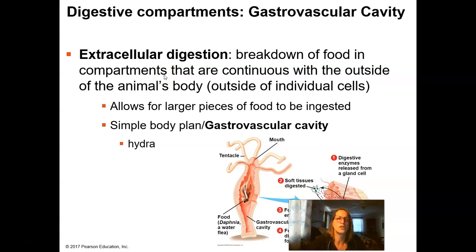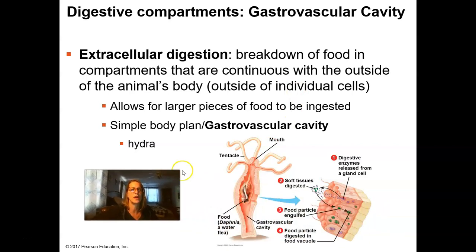Okay, so if we were to go to additional digestive compartments, we want to talk specifically about extracellular digestion. That last example with the sponges was intracellular digestion. In extracellular digestion, you have breakdown of food in compartments larger than a vacuole, and these compartments are continuous with the outside of the animal's body.